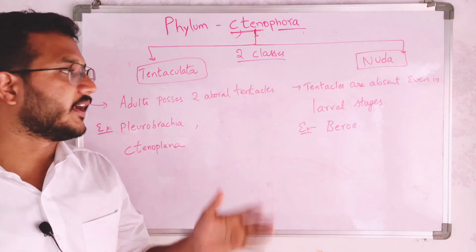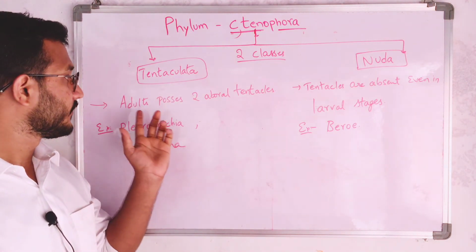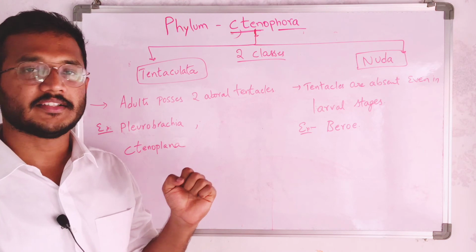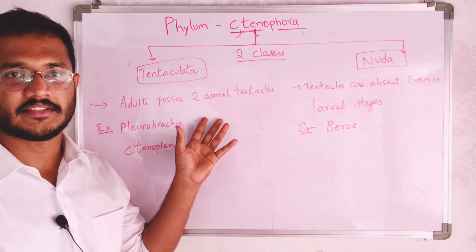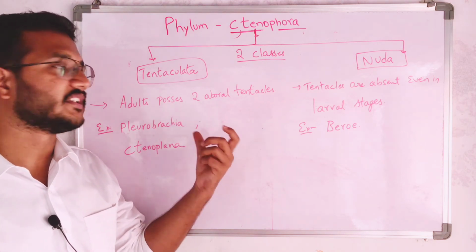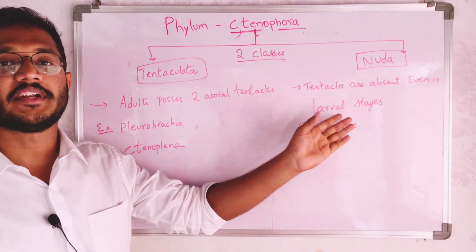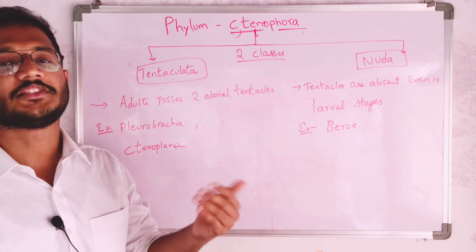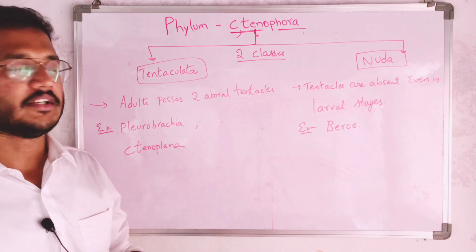Depending on that, the classification was done. In Tentaculata, the adults possess 2 aboral tentacles. Here you have to observe that the tentacles are absent in the larval stages but present in the adult stage. But in Nuda, the tentacles are absent even in the larval stages. That means both larva and adult do not have tentacles. Based on that, the classification was done.